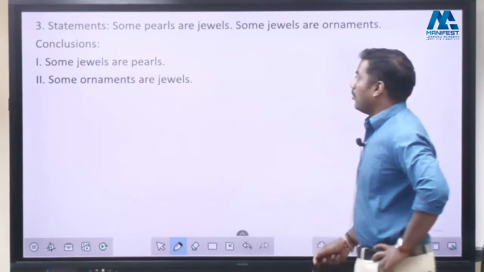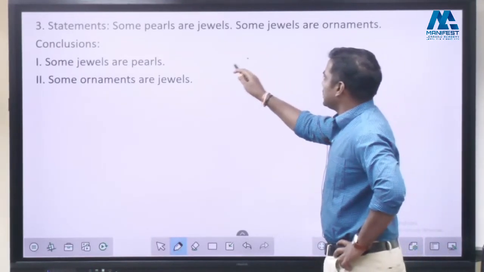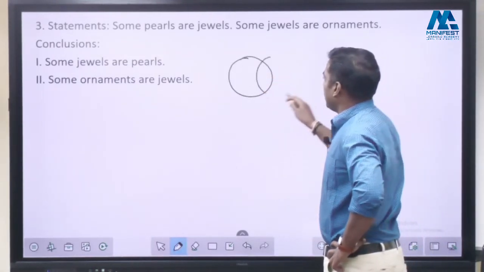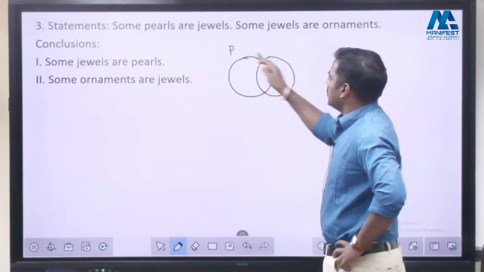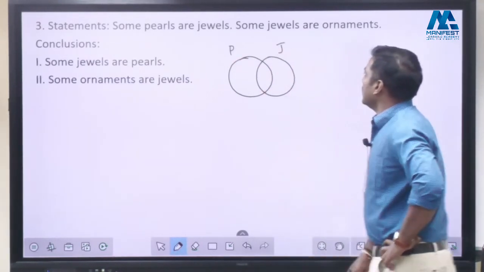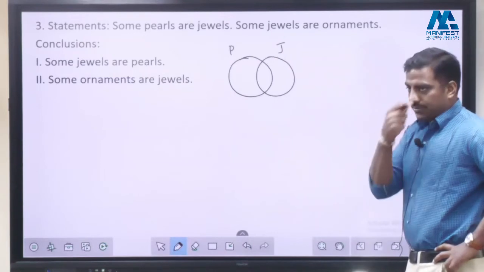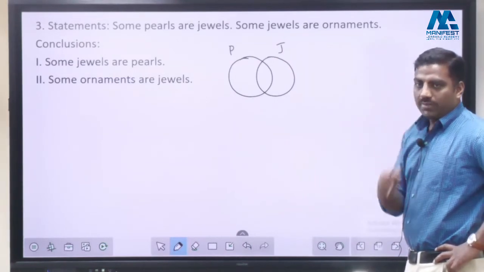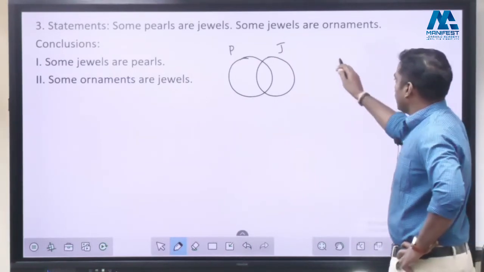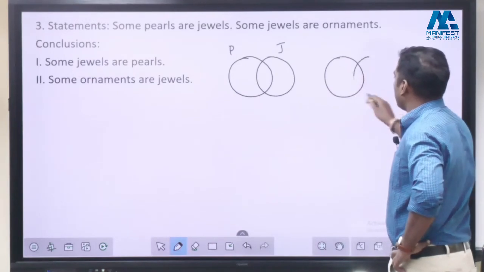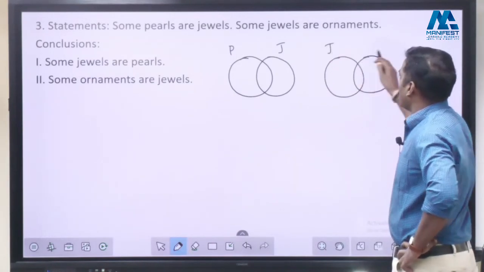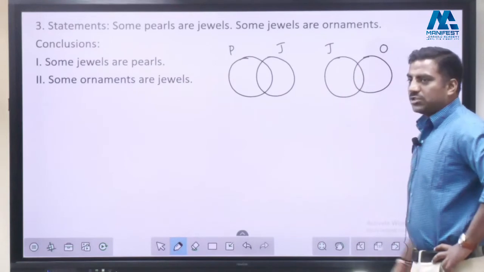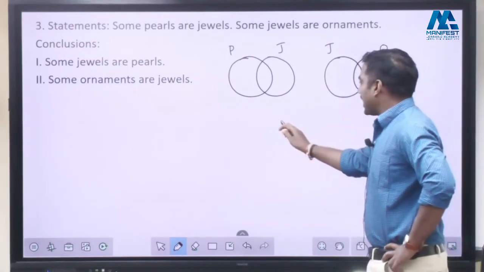Okay? Now, some pearls are jewels. Some jewels are ornaments. Possible diagram. Keep one diagram intact.